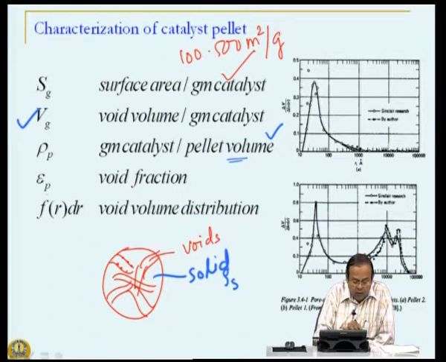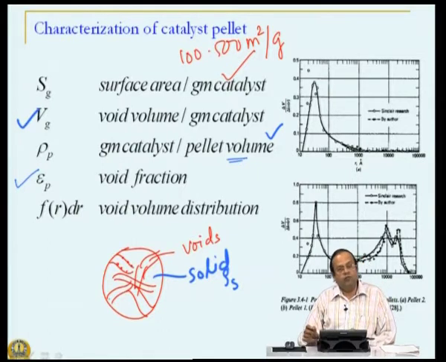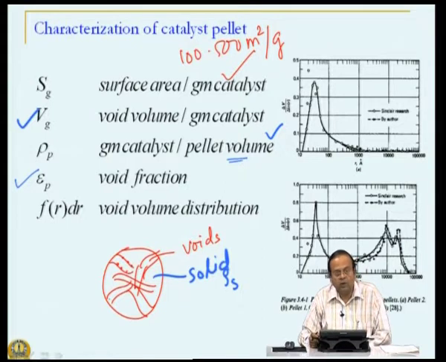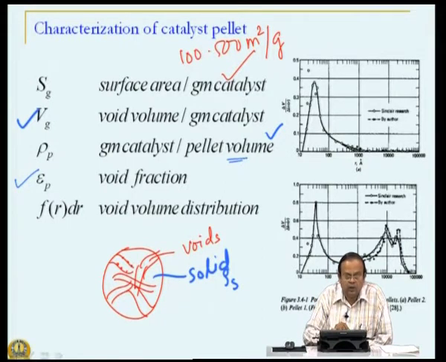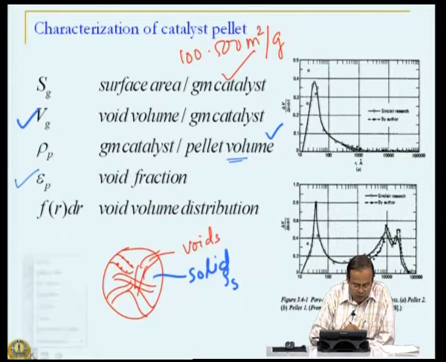We then have another important property, epsilon p, which is the void fraction, and void fraction is nothing but the volume of the void divided by the volume of the catalyst pellet. These quantities of course are not completely unrelated to each other.